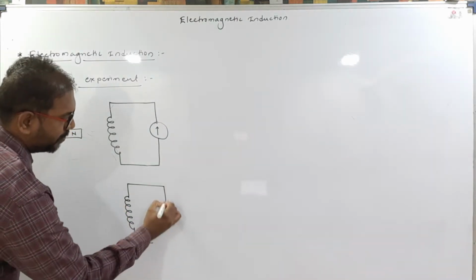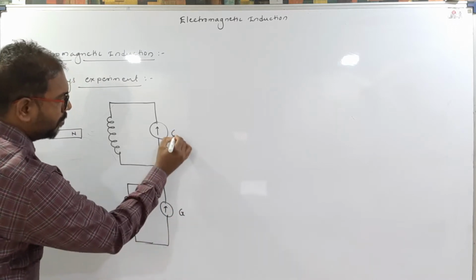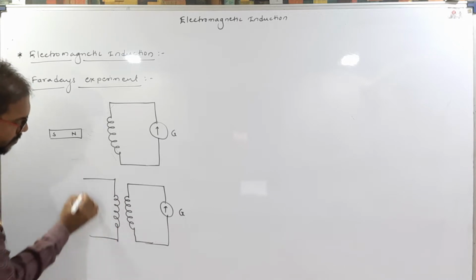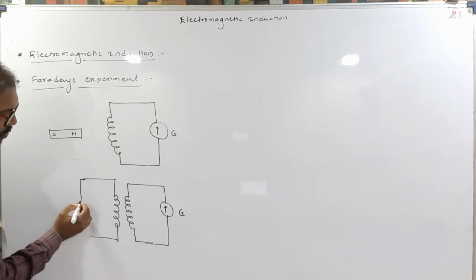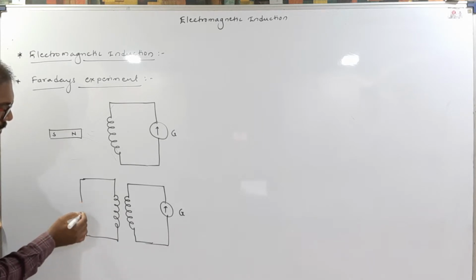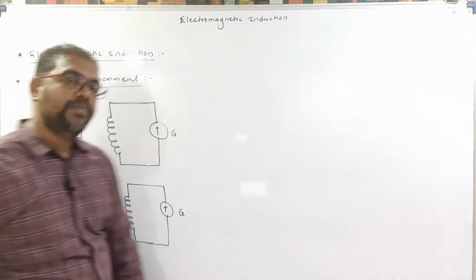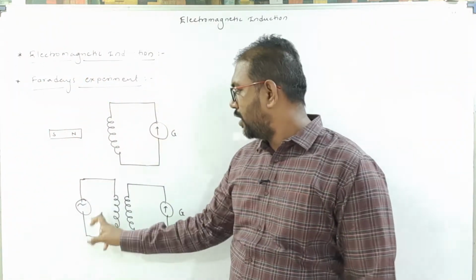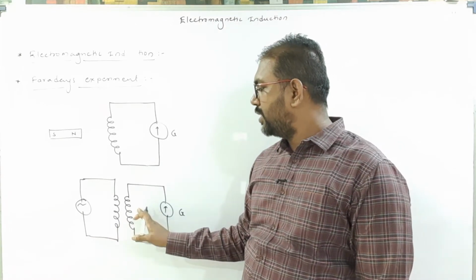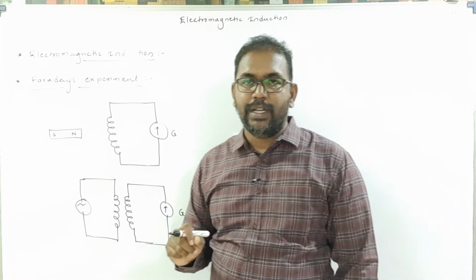So this is a coil, again this is a galvanometer, and this is the second coil. Here we can give some current as input. Pay attention: when we send a current through this coil, the magnetic flux linked with the other coil changes, and at that time we observe deflection in the galvanometer.